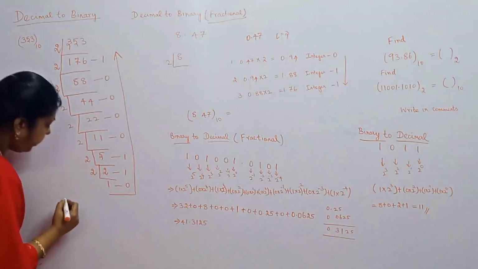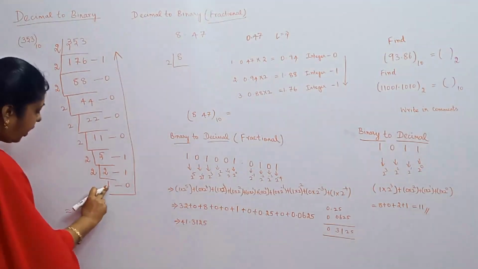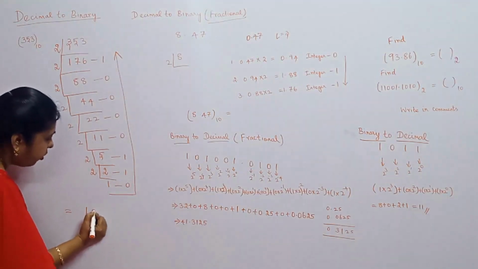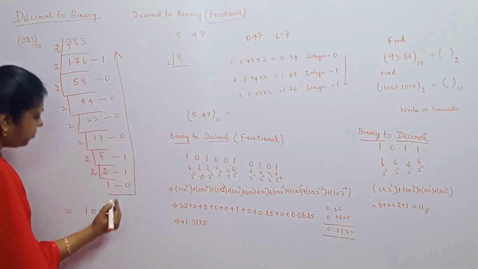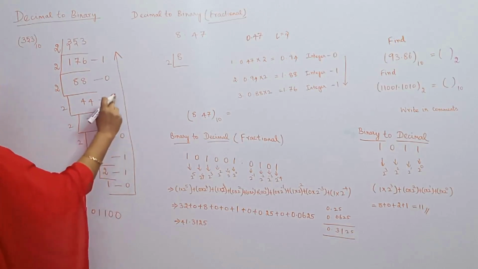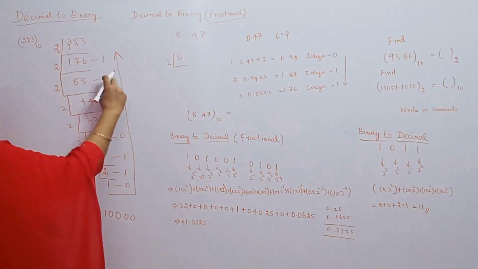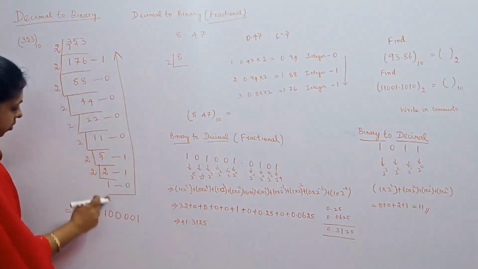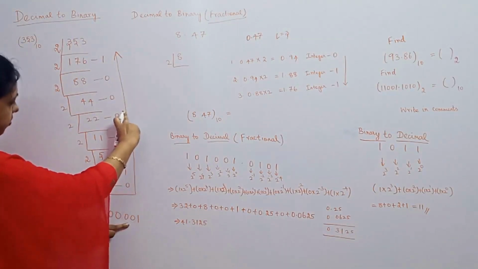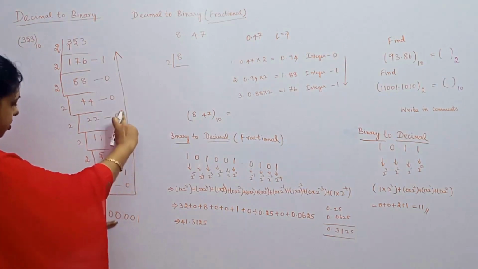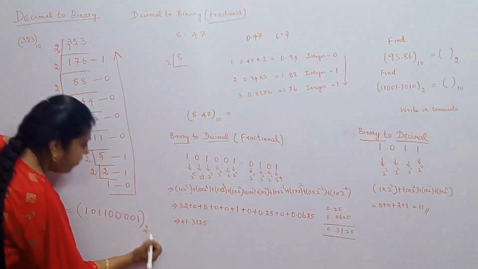So this 353 base 10 is converted into 1 0 1 1 0 0 0 0 1, okay, you can get it clear, to the base of 2.